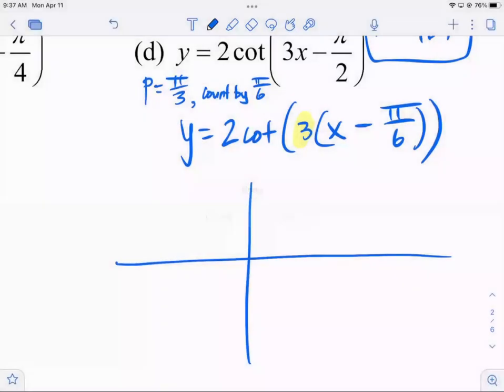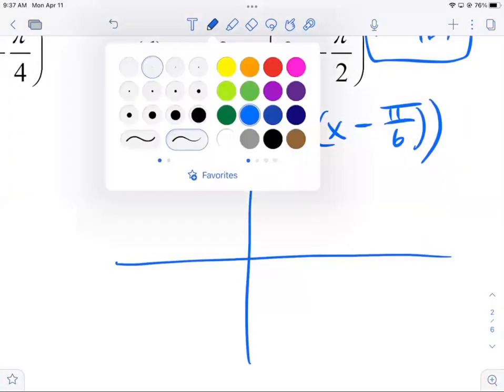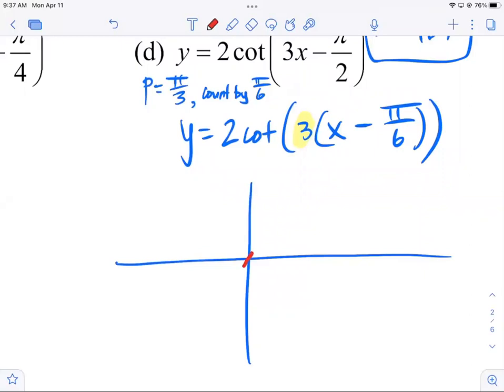Let's go ahead and lay down some tracks, shall we? We know 0 is going to be 1. Where's the next one? We're counting by what? Pi 6. So 1 pi 6, 2 pi 6 would be pi thirds, 3 pi 6 would be pi halves. And now we go to the left, negative pi 6, negative pi thirds, right?